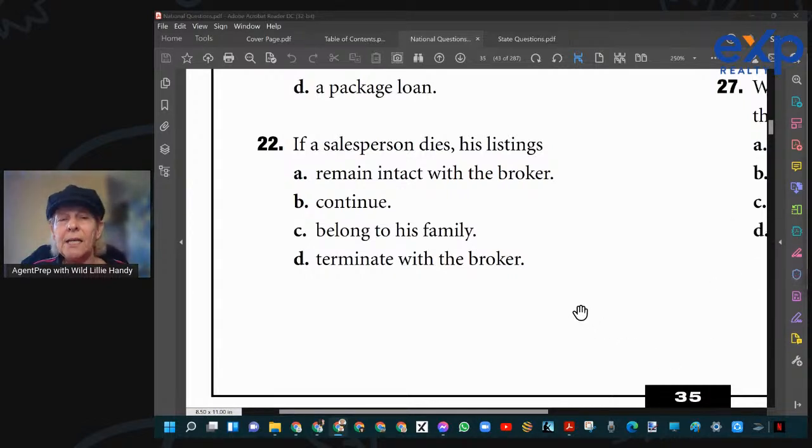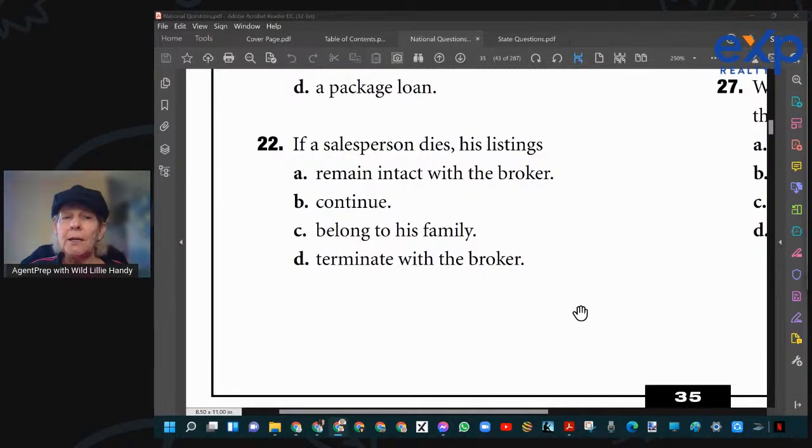Anything that happens to the realtor, the listings, the contracts belong to the broker. If a realtor moves to another company, but they have something under contract, the commission still goes to the broker, and the broker will pay them their percentage. All listings, all contracts stay with the broker.